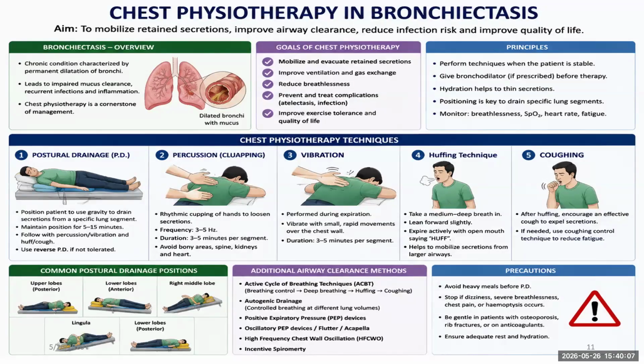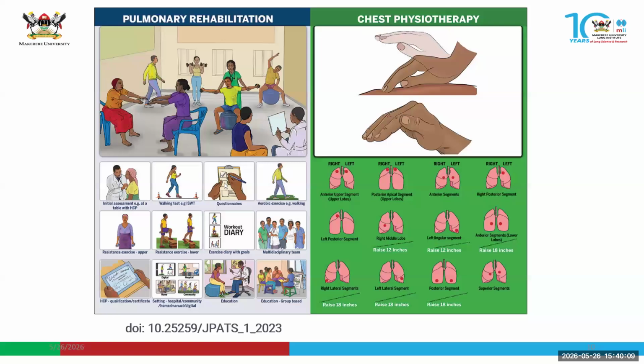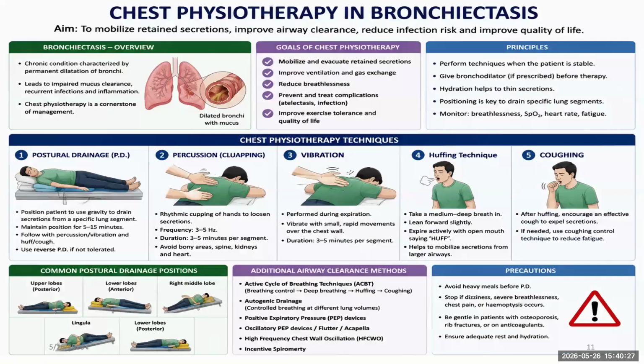I think you can see in these pictures the points where you will be percussing or where you'll be applying the different techniques. So depending on where the bronchiectasis is, these are also the angles that show you how you should position the patient, where the head should be and where the legs should be.